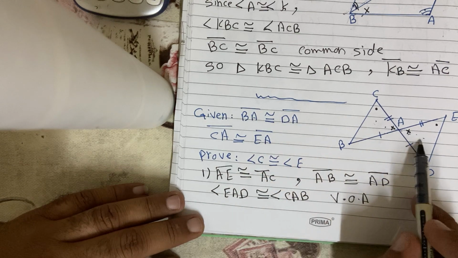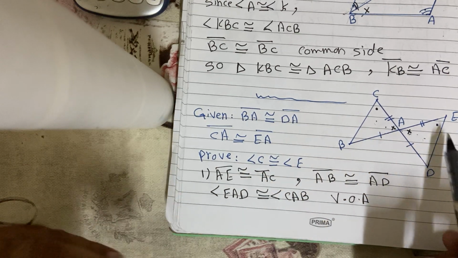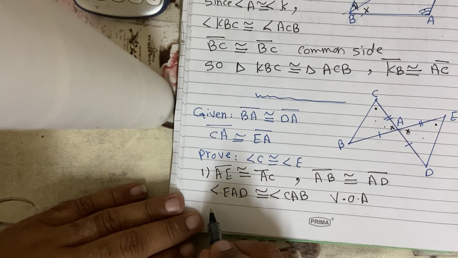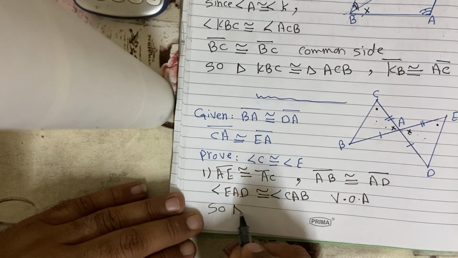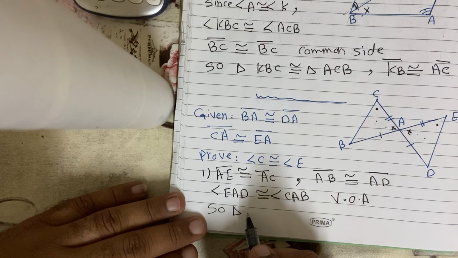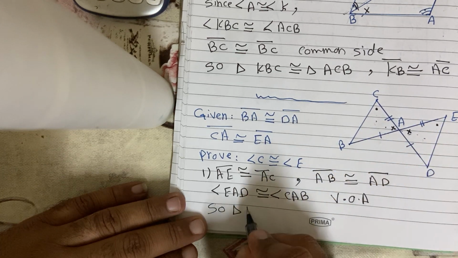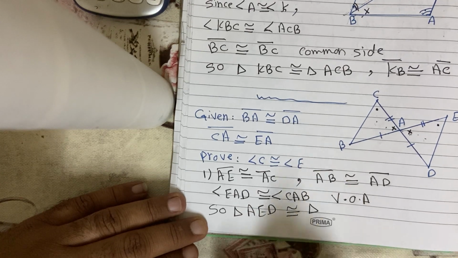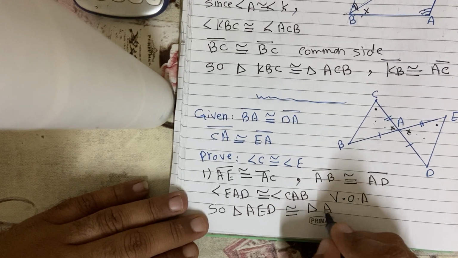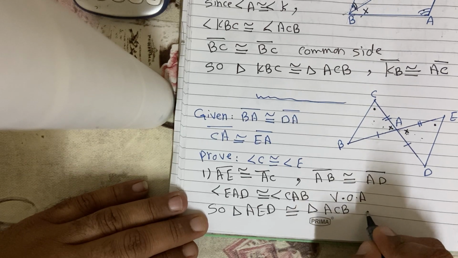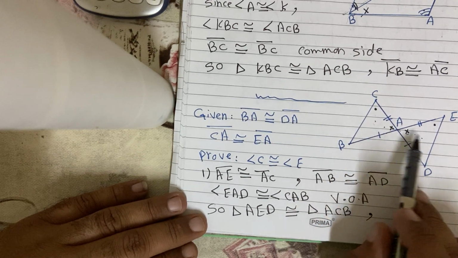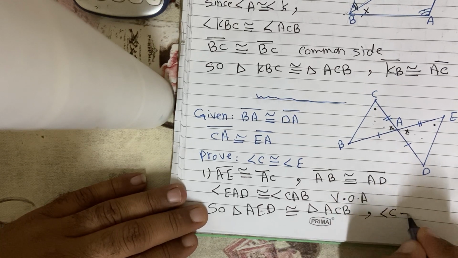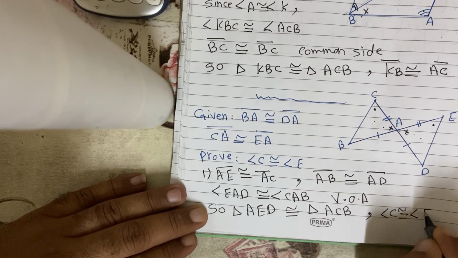So if the two triangles are congruent, sure, angle E is congruent to angle C. First, triangle AED is congruent to triangle ACB. And then, because the two triangles are congruent, angle C is congruent to angle E.